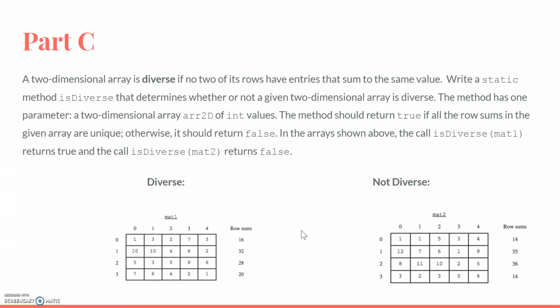So in the examples here, you see that the sum of each of these rows is different, so this would be true in this two-dimensional array. And then you see over here that the sum of row 0 and row 3 are both 14, so that would be false.